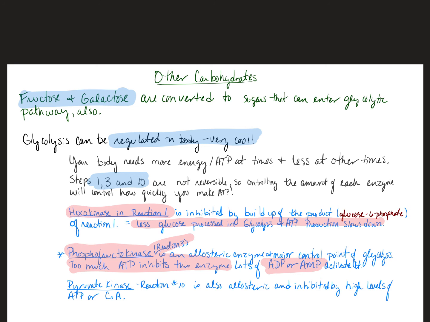So that's another cool part of it. And finally, reaction number 10 uses pyruvate kinase. It's also an allosteric control and inhibited by high levels of either ATP or coenzyme A. Now, we talked about coenzyme A last time, but we didn't really talk about all the stuff that it does. So we'll come back to coenzyme A a little bit later.